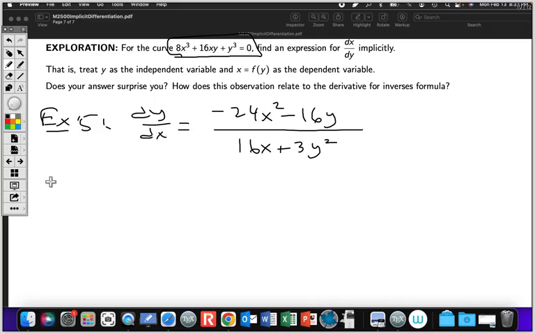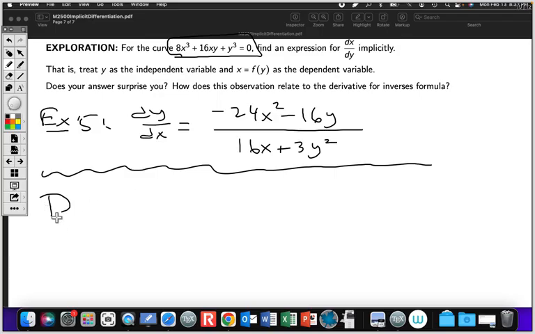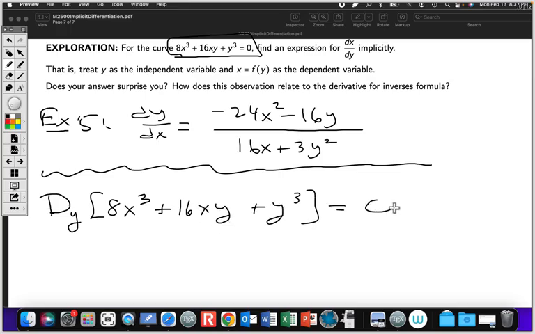So this exploration says, to redo this example, think of x as a function of y and take the derivative with respect to y. So let's do that. I should say the derivative of 0, which is still 0.